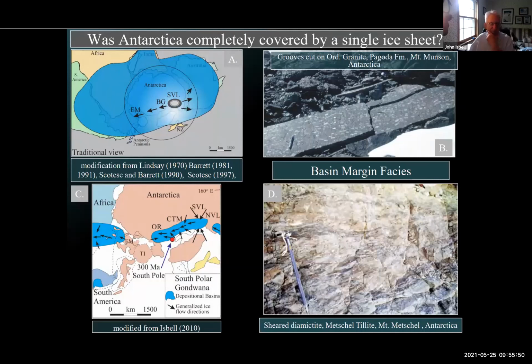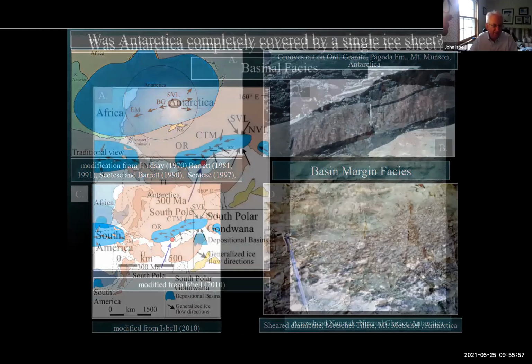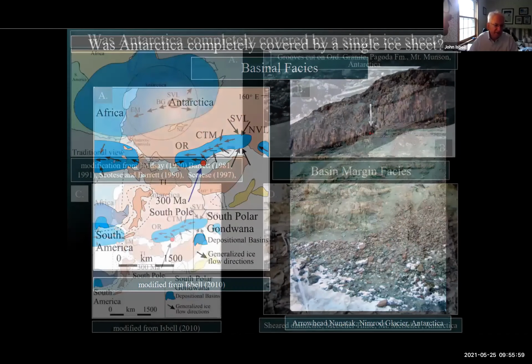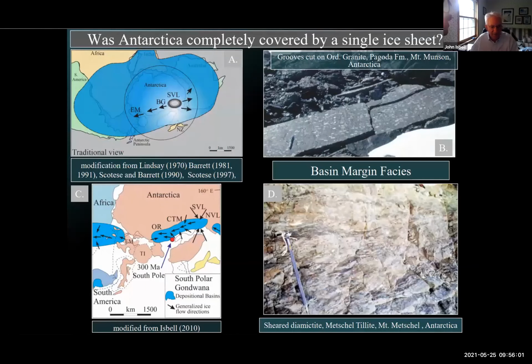Toward the bottom is Marie Byrd Land, and if we look at paleo flow indicators from ice in those regions, it suggests that ice entered the basin margins transversely into the depositional basin. In East Antarctica, on the opposite side of the basin, we have the same setting, ice flowing off of the craton and into the depositional basin.